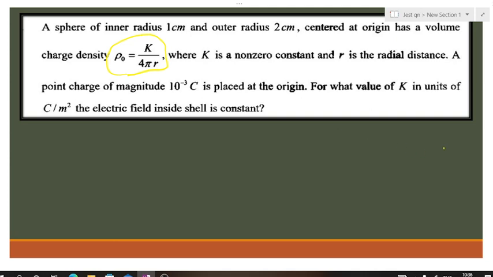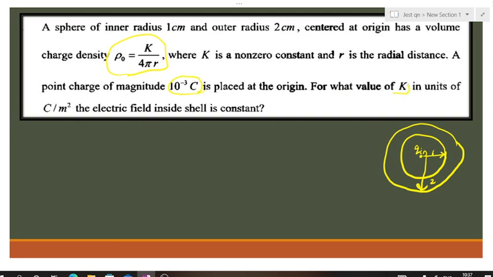So let us draw the figure. A sphere of inner radius 1 cm, outer radius 2 cm. A point charge Q in is placed here, whose magnitude is 10 power minus 3 coulomb.